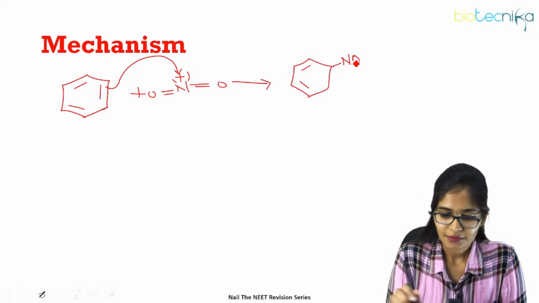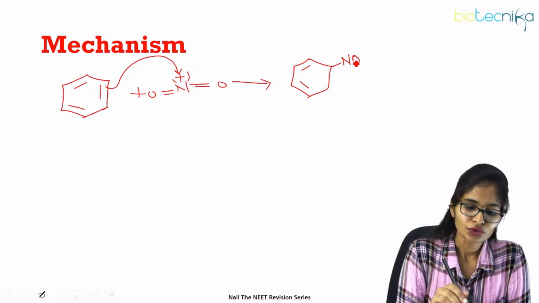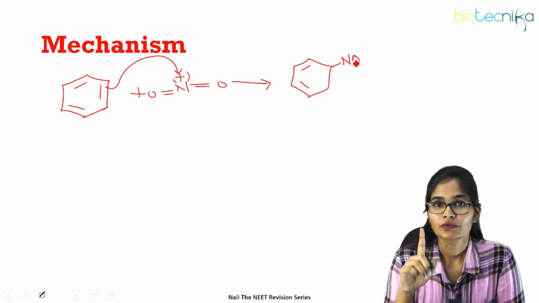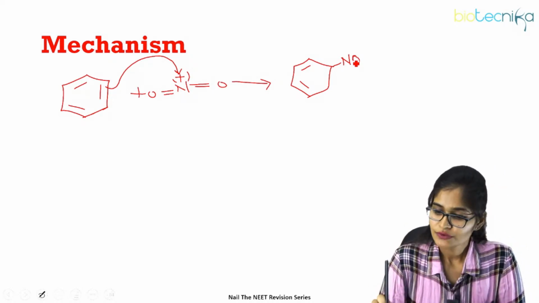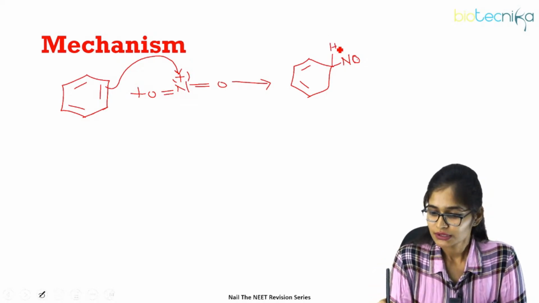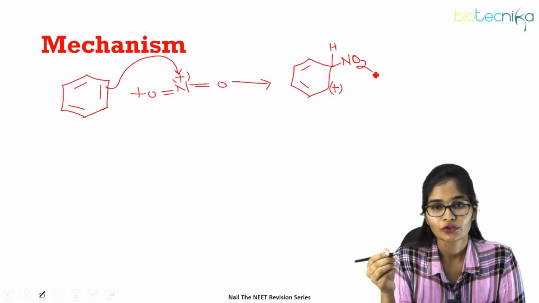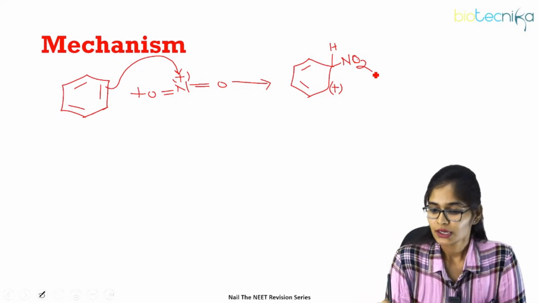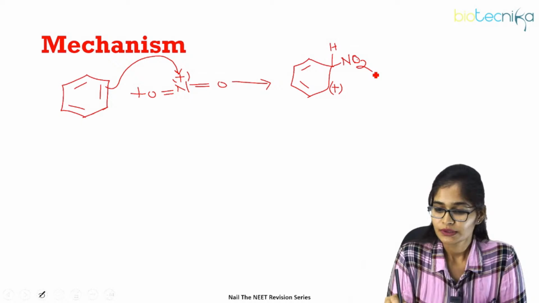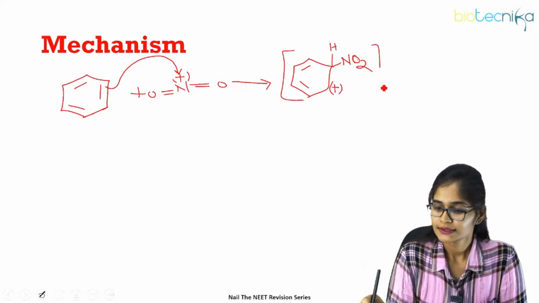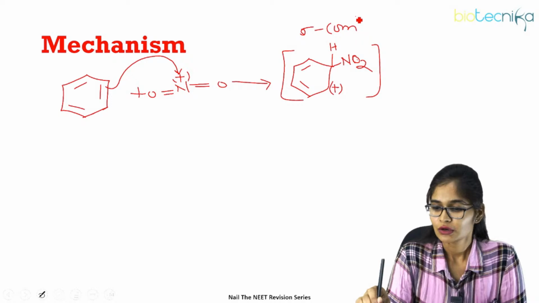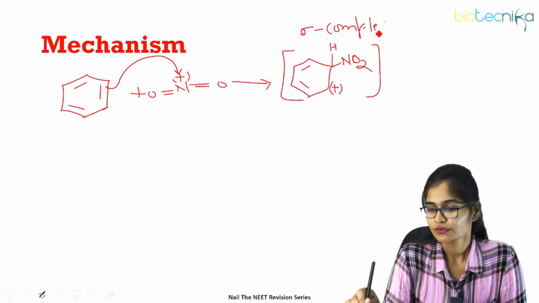The carbon where you are attacking, we know that each carbon is carrying one hydrogen, right? So on this carbon there is also one hydrogen, and after the attack of the electrophile, one more carbocation is generated. Overall, we call it a sigma complex, or else arenium ion.